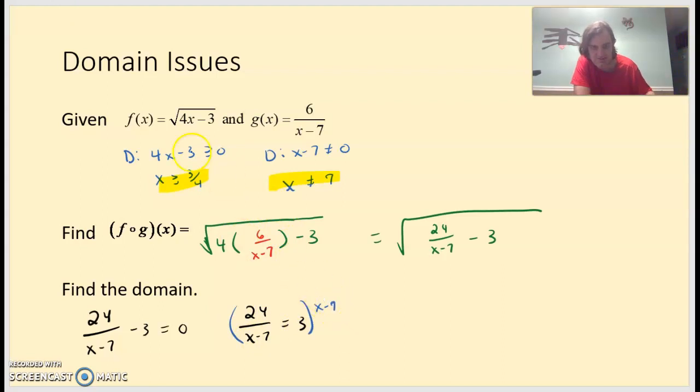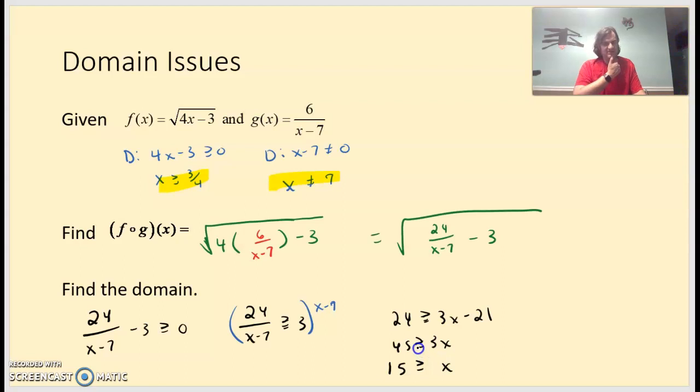The new equation we get out of that would be 24 equals 3x minus 21. If I bring this over, that would be 45 equals 3x. So this thing should be greater than or equal to 0. So we get x is less than or equal to, what happens here? 15. Kind of a surprise for us.